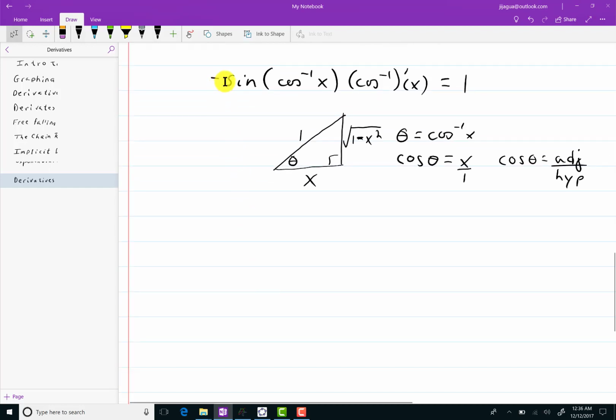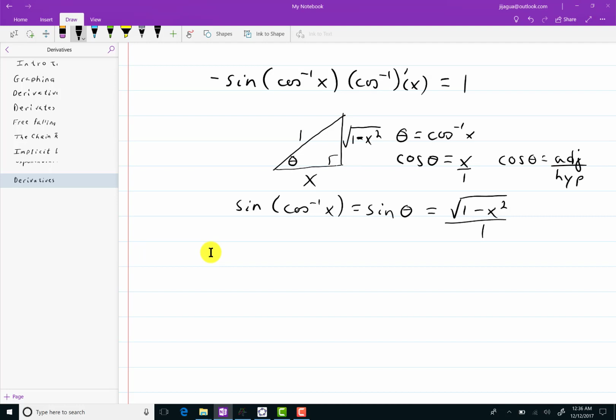Okay, now, if you're trying to figure out what sine of cos inverse of x is, sine of cosine inverse of x equals sine, instead of cosine inverse, I'm going to put the theta, sine of theta. Now reference this triangle. Sine of theta is opposite over hypotenuse. Then let me copy this equation.